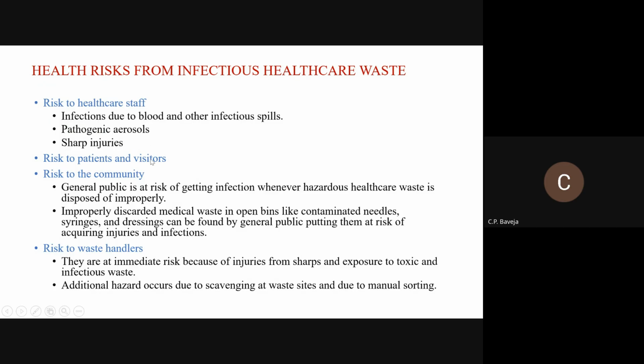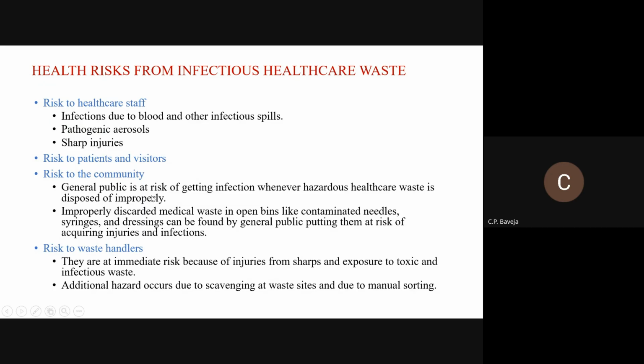Risk to patients and visitors. Visitors are at risk, and the patient is also at risk because a visitor may be infected and come to the patient. Risk to the community: the general public is at risk of getting infection whenever hazardous healthcare waste is disposed of improperly, in a public place.